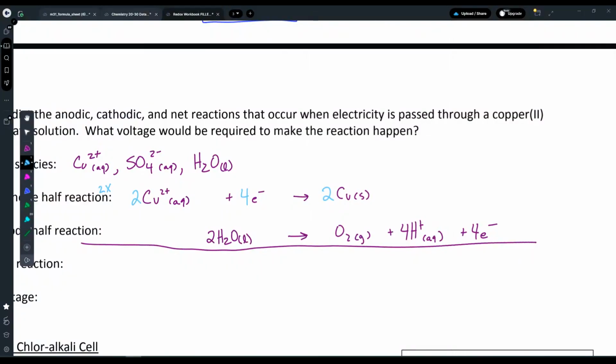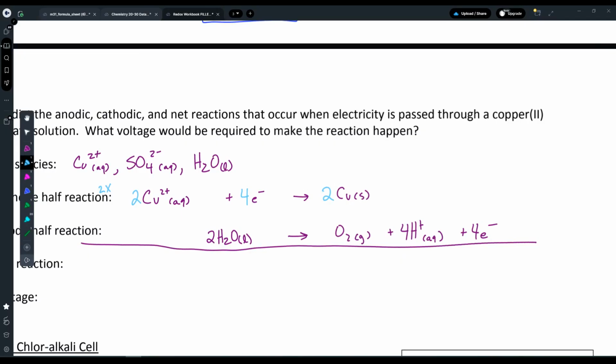Okay, so keep in mind, even for electrolytic cells, you're still looking for one of your reactions to have the electrons on the reactant side and the other one to have the electrons on the product side, because one will be the reduction reaction, then the other one will be the oxidation reaction, and you need both in order for a redox.